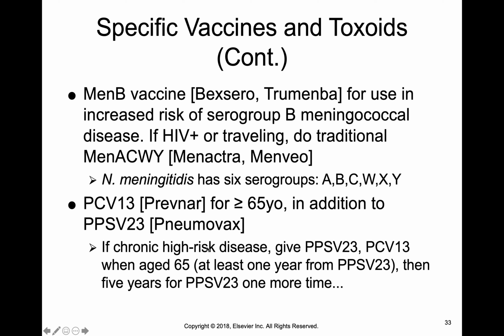For pneumonia, for the longest time, it was PPSV23. This is pneumococcal polysaccharide, that's what the PS means. The V means valent, and the 23 means there are 23 different types of valencies that this Pneumovax covers. And so PPSV23 was the long-standing pneumonia vaccination.